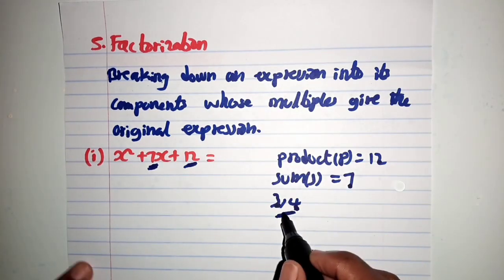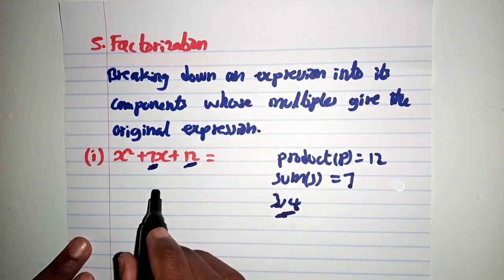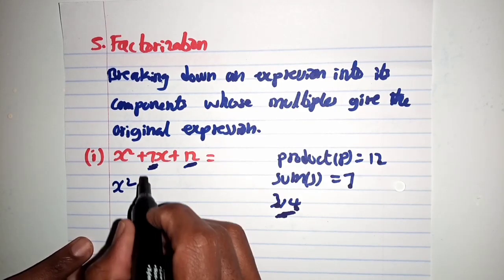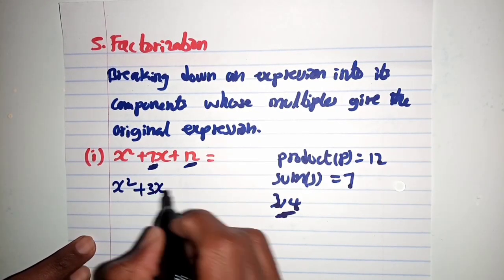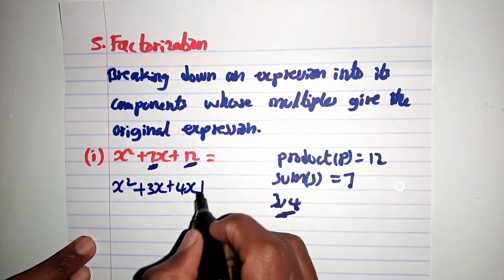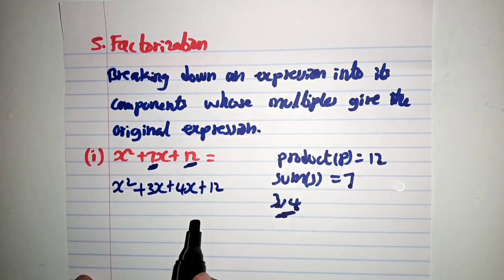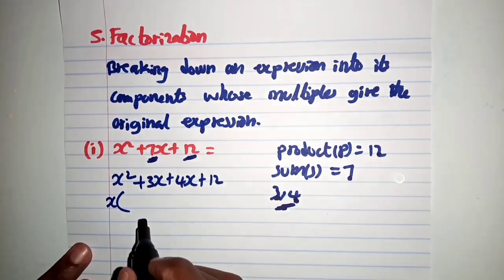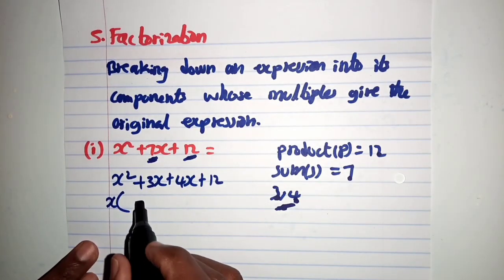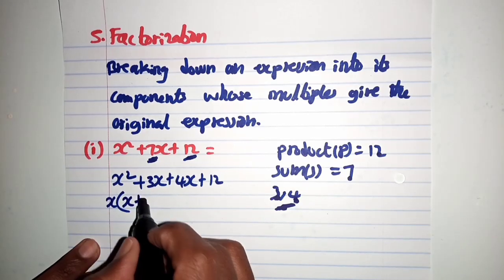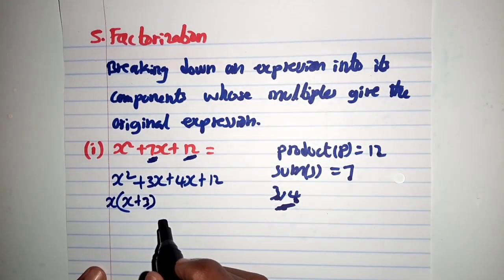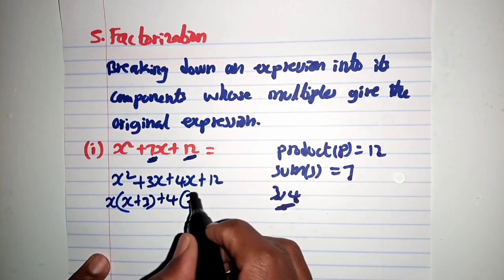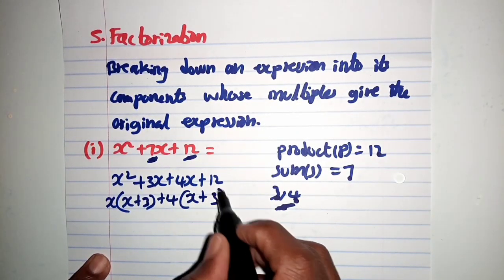These two values are going to replace the mid value, and so you are going to have x squared plus 3x plus 4x plus 12. Now you need to factorize. So you are going to have x into bracket x plus 3, you close the bracket, then plus 4, open the bracket, x plus 3.